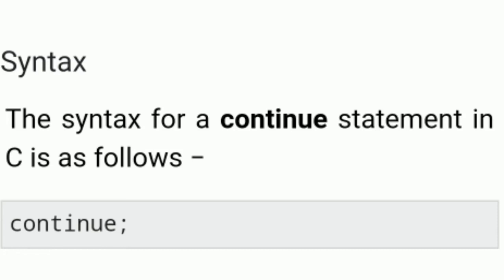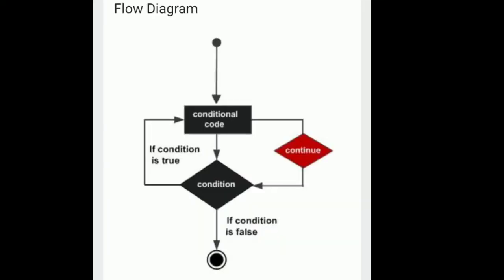Flow diagram. That is the flow diagram. Here it is also similar to the break statement. It goes and checks the condition. If the condition is true, it is going to the left, and the conditional code is repeated.